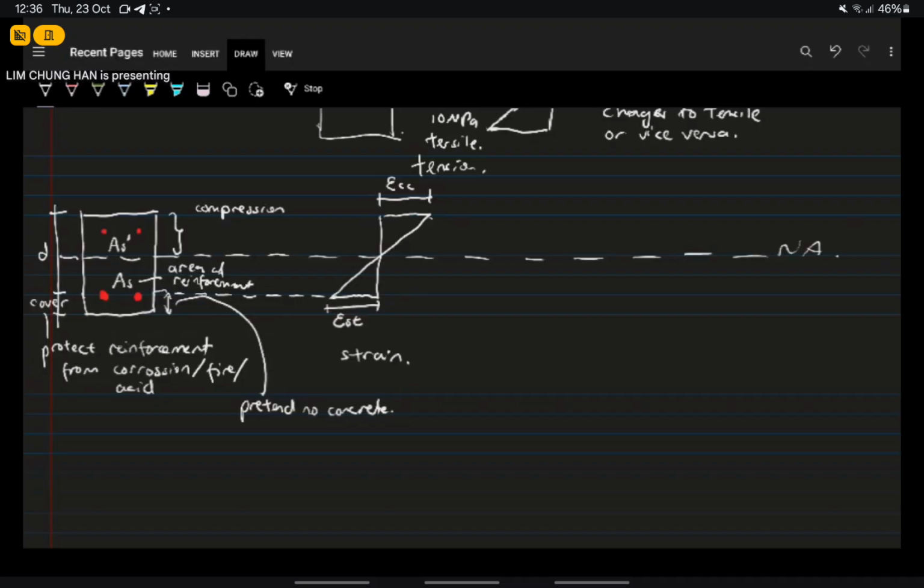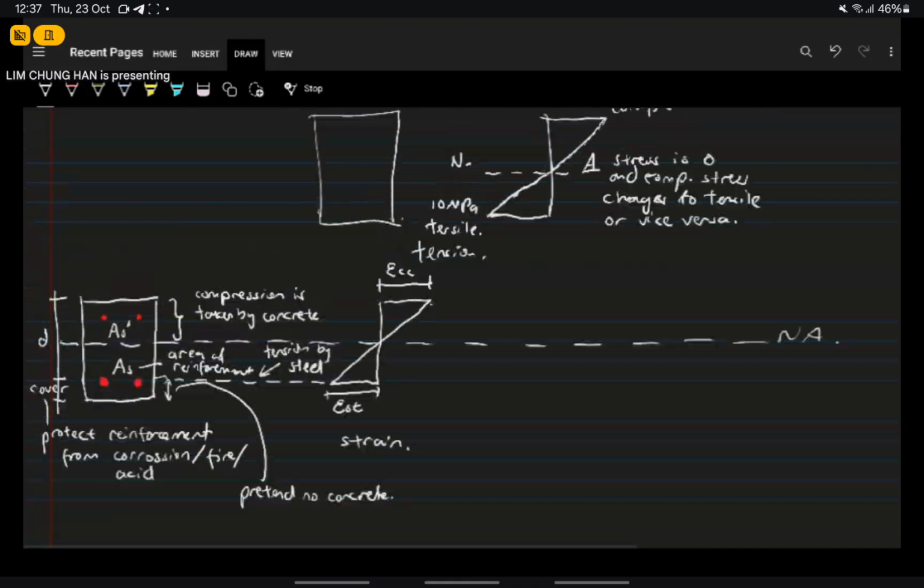When the beam is in compression, compression is taken by the concrete. We use concrete to resist the compression, but the tension at the bottom is taken by the steel only. We ignore concrete at the bottom.